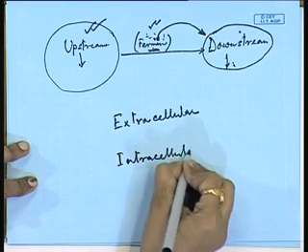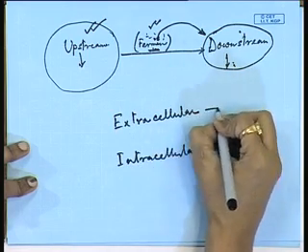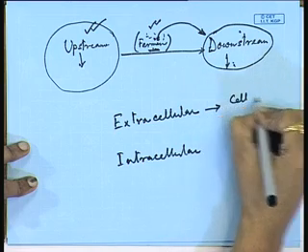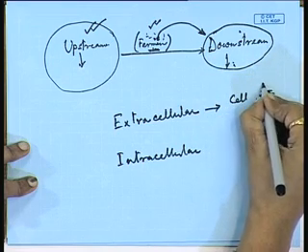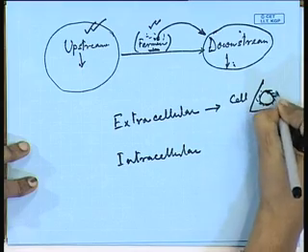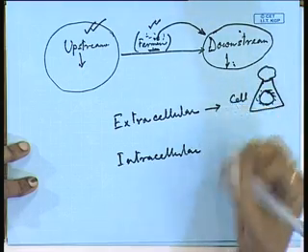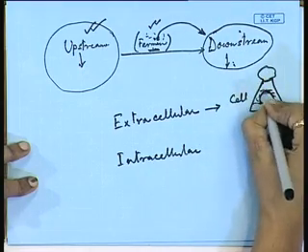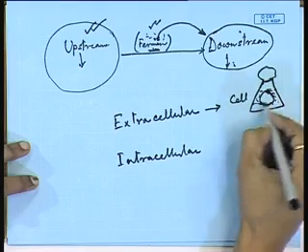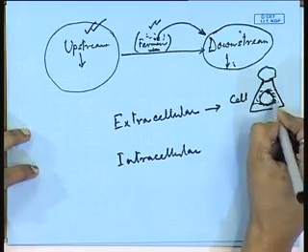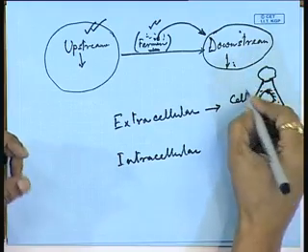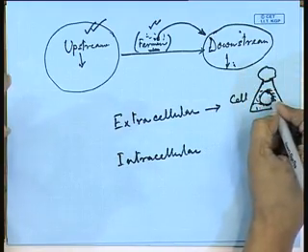In the extracellular case, the product is secreted from the cell to the surrounding medium, and that is why it is extracellular. As soon as these metabolites come out of the cell, they get diluted inside the reactor, so the dilution problem is much.